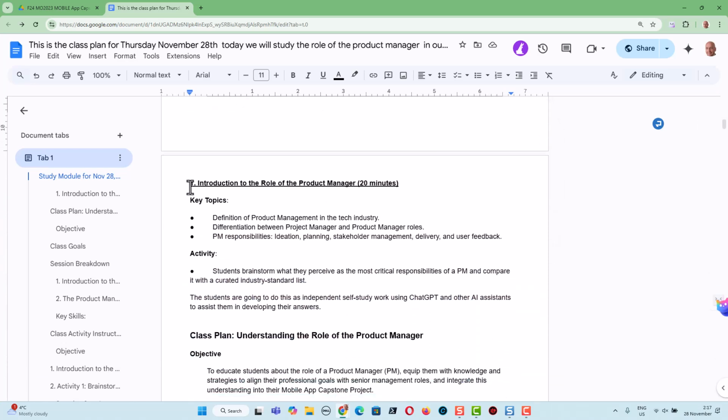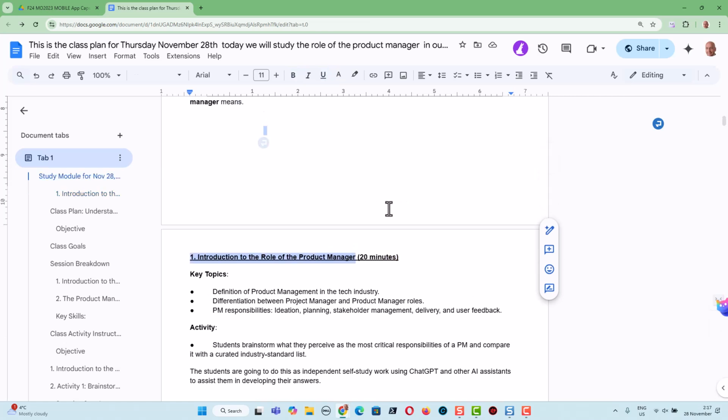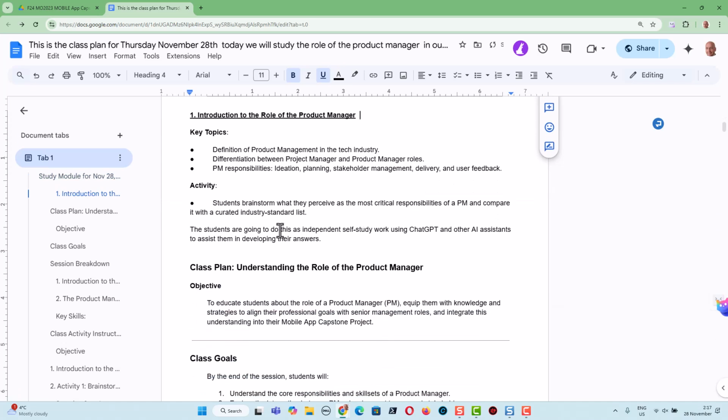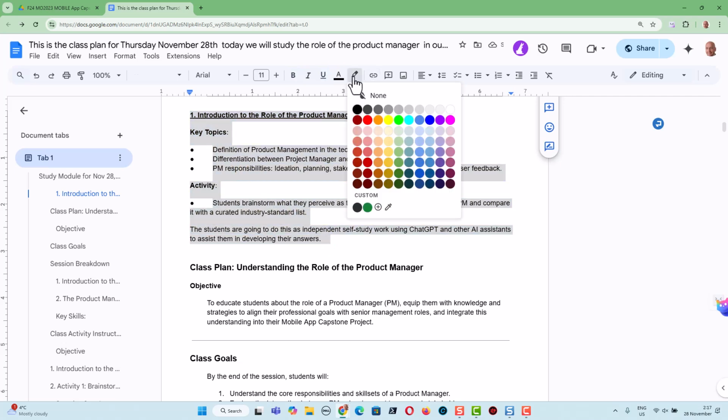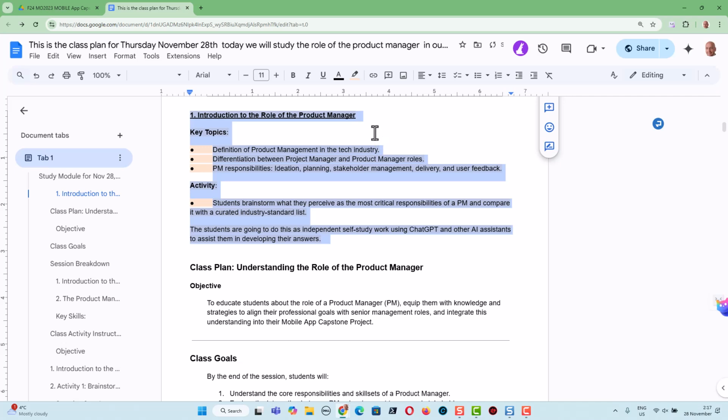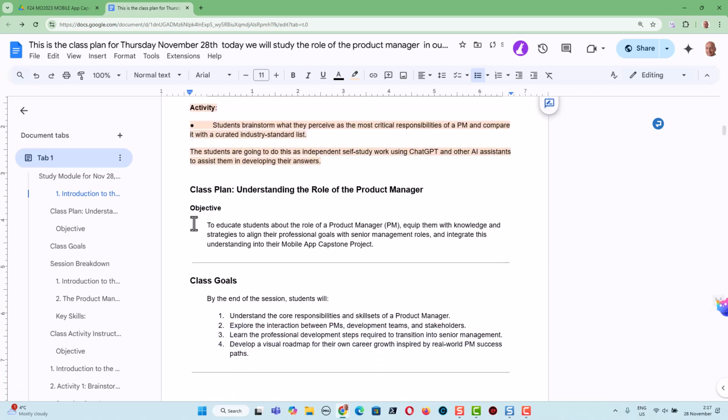So here is what we're going to be studying: introduction of the role of the product manager. So your objective is to learn about the role of the product manager, develop knowledge and strategies to align.